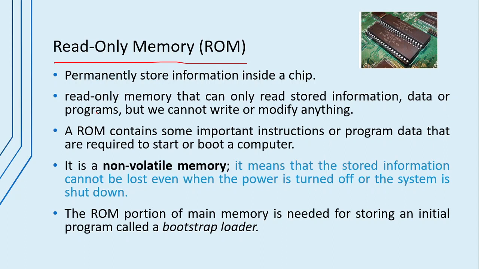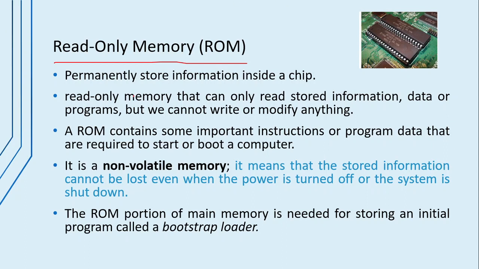Basically ROM is a part of your main memory in which you can store your bootstrap loader. By the bootstrap loader, your computer can identify which part is going to be executed first. So this is an example of non-volatile memory.